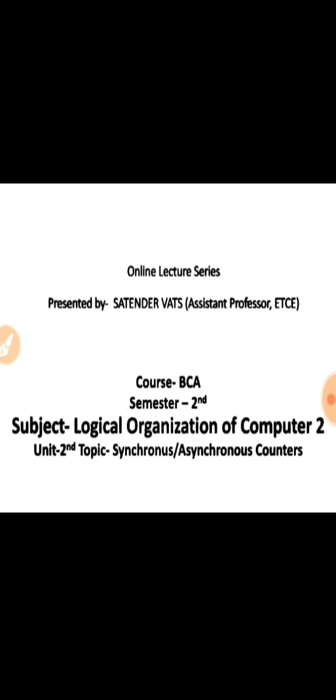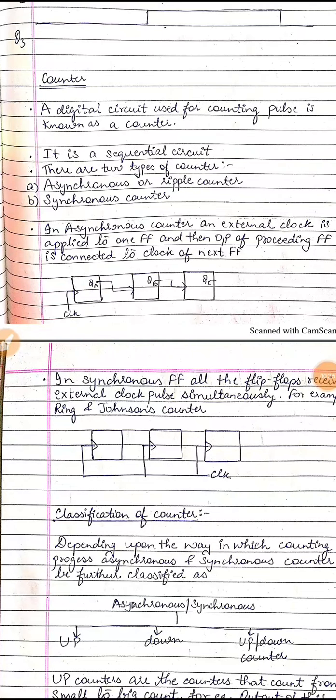In this lecture, we will see the basics of synchronous and asynchronous counter, which is a part of Unit 2nd of LOC2 in BCA semester 2nd. A counter is basically a digital circuit that is used to count pulses.